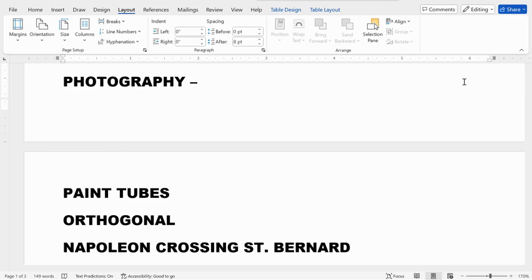So do we put effects on photography? It's the effects on painting. Okay, now he simplified it.